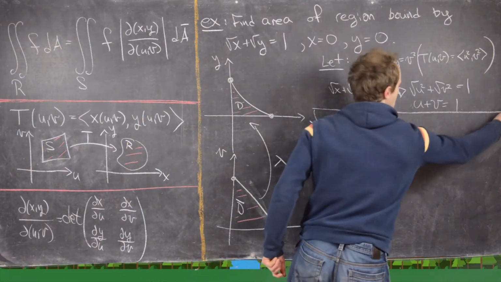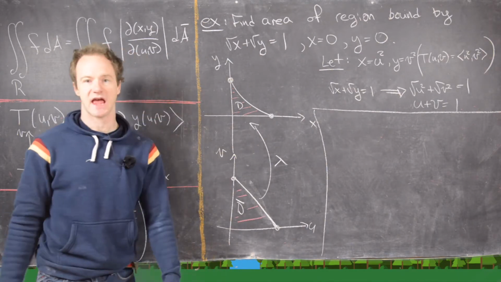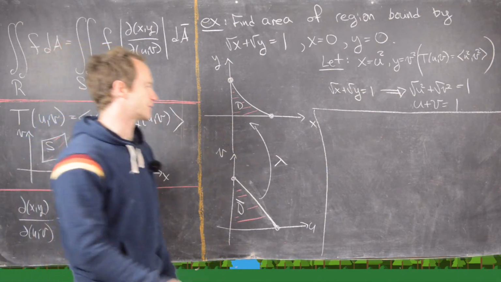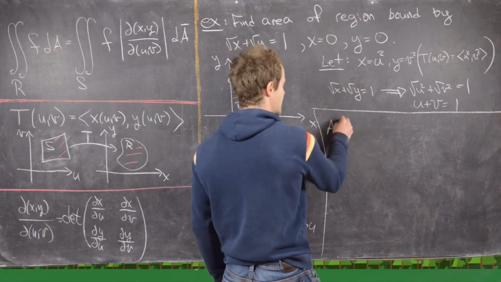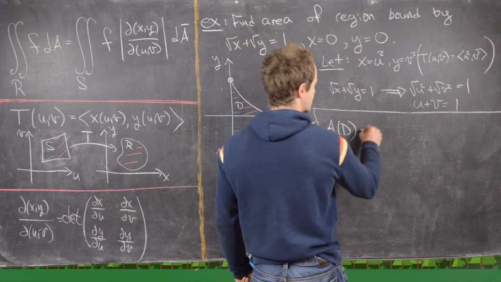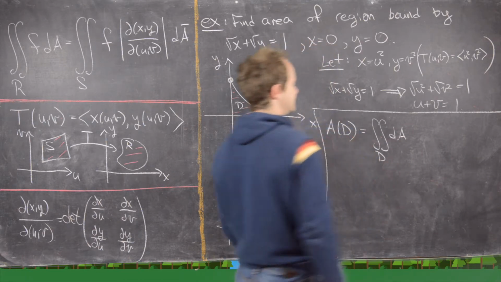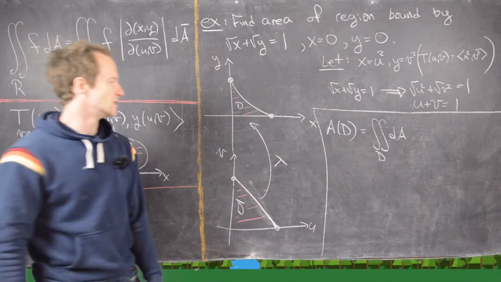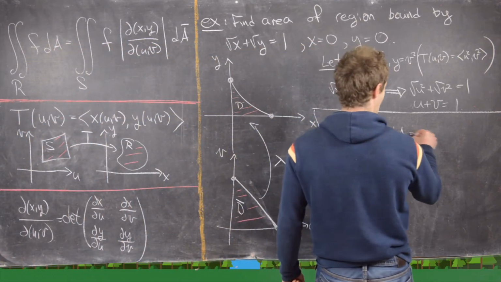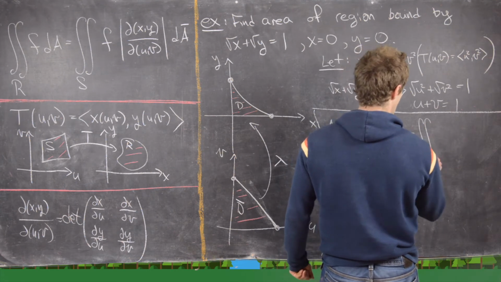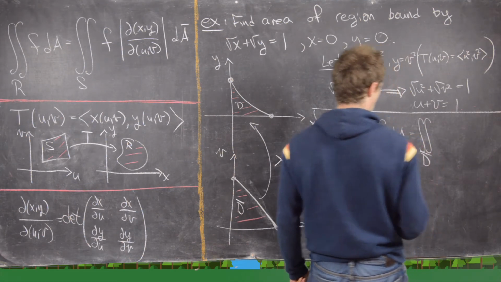So now we can go ahead and calculate this area using this change of variables formula. So notice that the area of D is going to be the same thing as the double integral over D of dA. So that's going to be the same thing as the double integral over D bar.